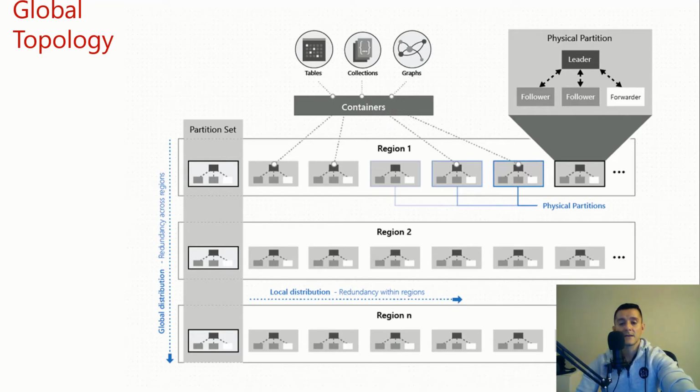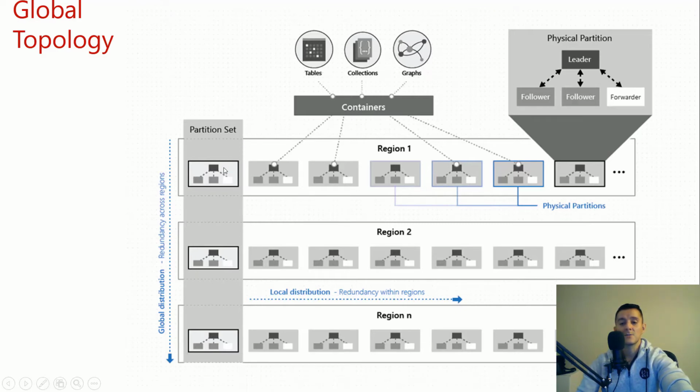So let's say right here we have 3 regions of Cosmos DB: region 1, region 2, whatever, region N. There's not a particular limit here. It's only limited by the amount of money that you want to spend. But let's assume that you have 3. Across each one of these regions, you have what is known as a partition set.